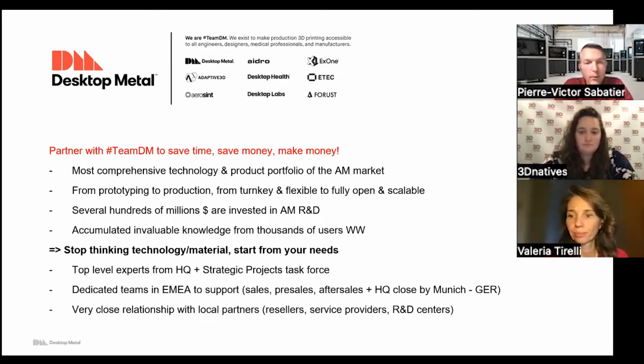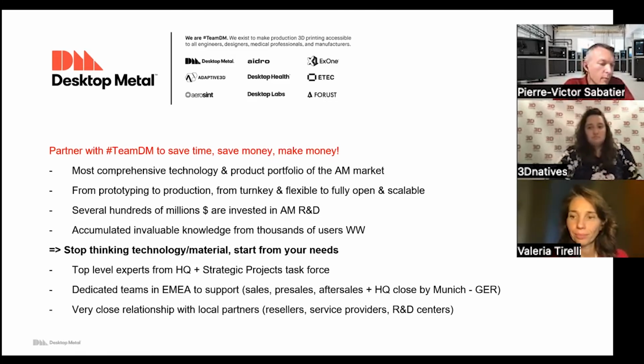And the last point I want to highlight is the fact that now, even if we are a US company, with the growth and the acquisitions, we have very strong teams in Europe. We have our new headquarters, let's say, in Germany, thanks to the acquisition of ExOne. We are more than 200 people in Europe, being able to support any customer project.